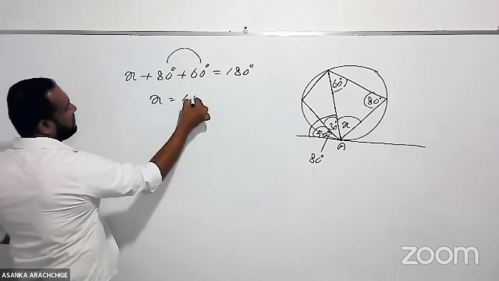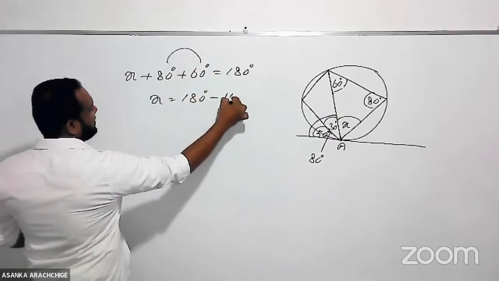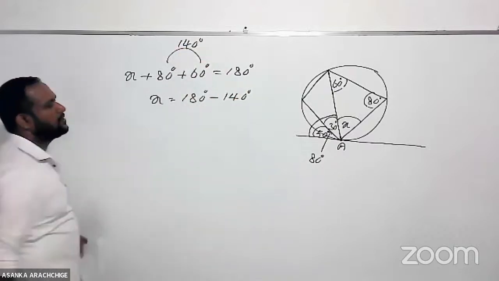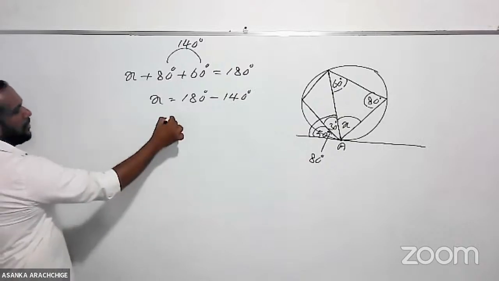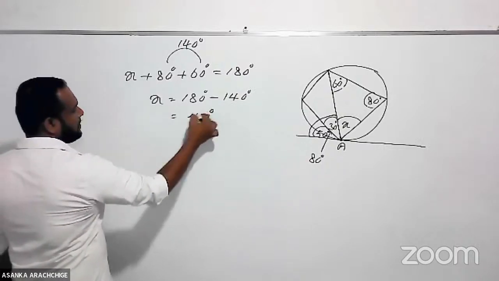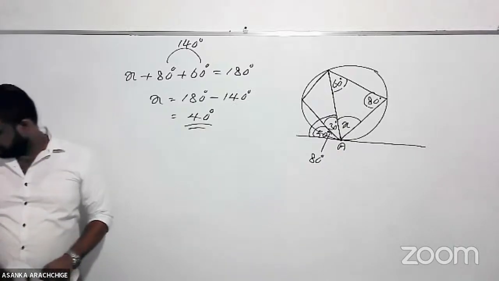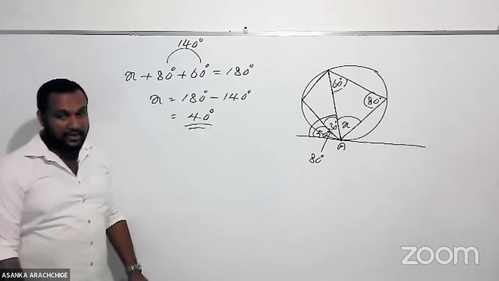X is equal to 180 minus 140, because this is 140. Answer: 40 degrees. Clear?